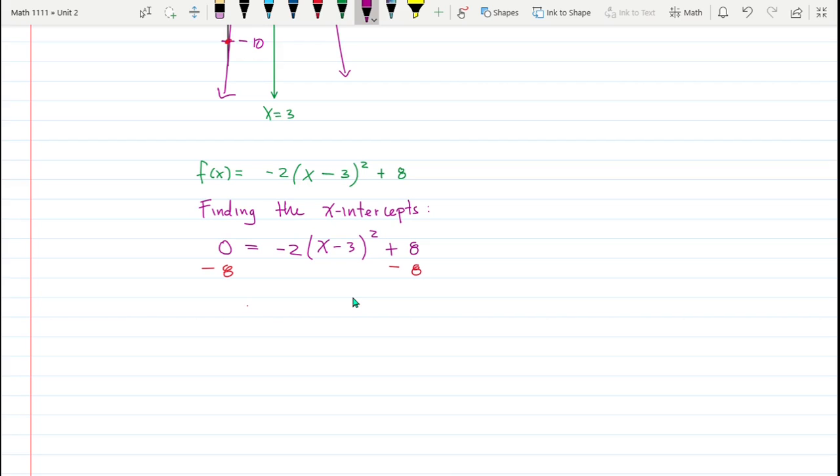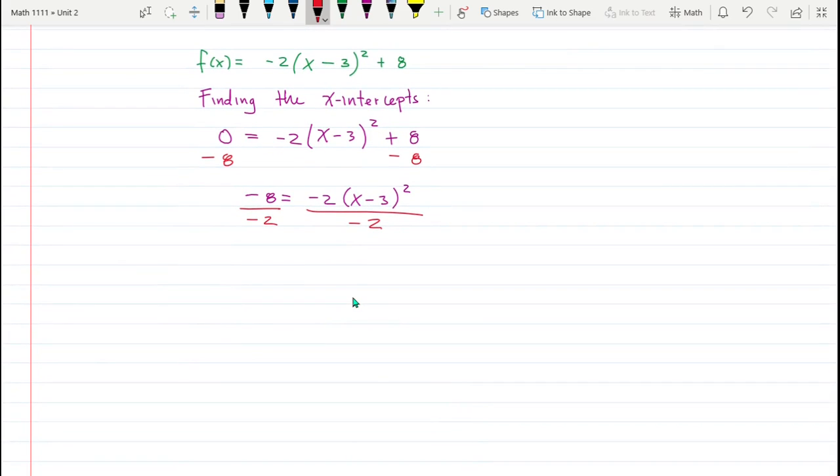So I'm going to be left with negative 8 equals negative 2 times x minus 3 squared, divided by the number that's in front, negative 2. We're going to have 4 equals x minus 3 squared.